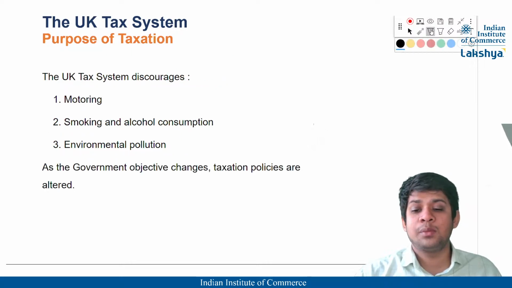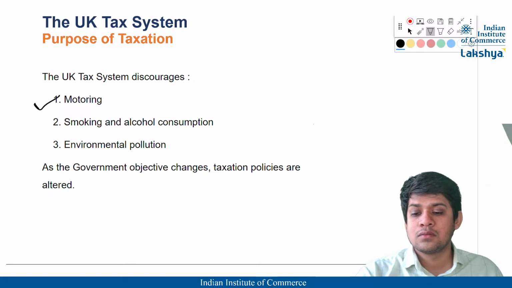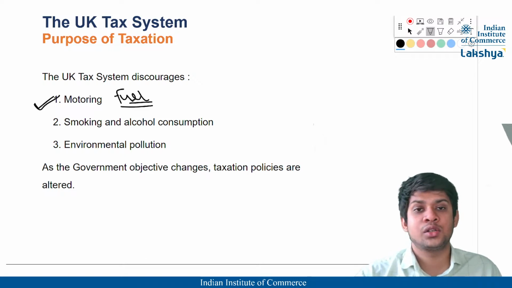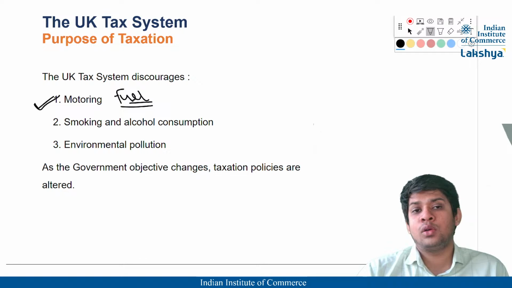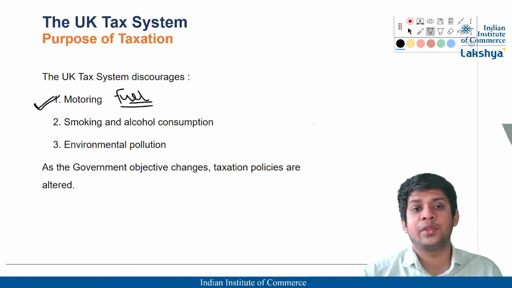What does the UK tax system discourage? Motoring. If in case I'm using a lot of fuel, it is hazardous to the environment, right? It is hazardous to the environment. So that is the reason why the government would discourage it; if you're purchasing fuel for your motor car or something, then obviously you have to pay tax on it.